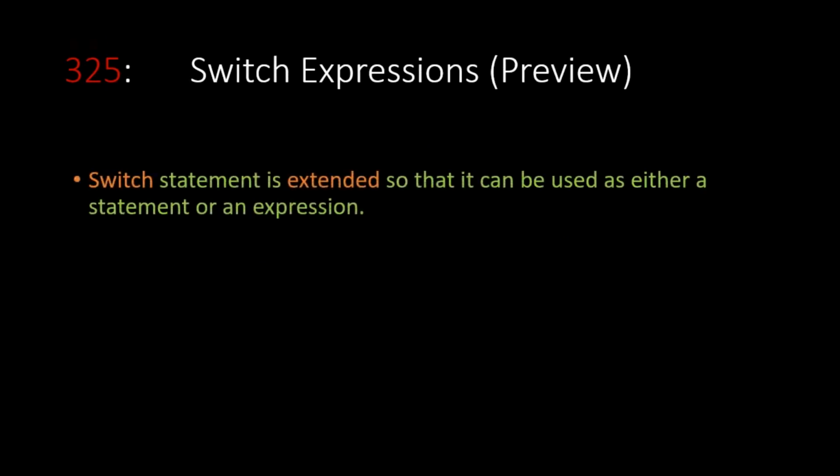And most important of all is the enhancement they have done for switch expression. As we are all aware, the switch statement is in a legacy C style. In this particular release, it has been extended to be used either as a statement or as an expression.